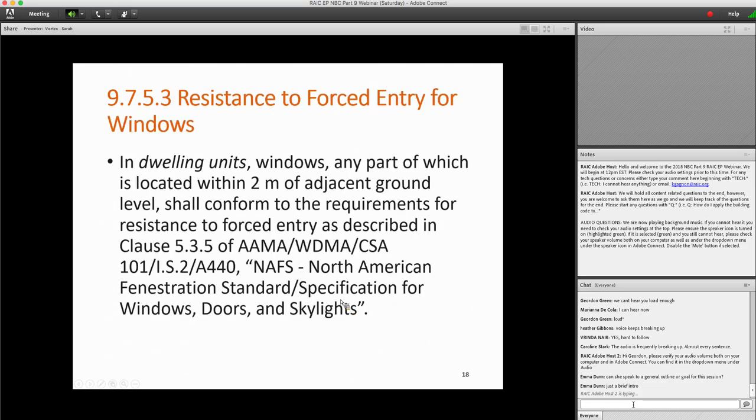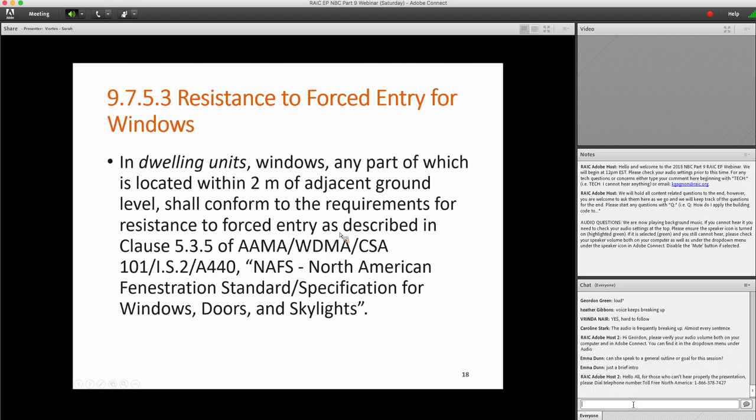Again, in dwelling units, there are specific requirements. When you have a window that is within 2 meters of the adjacent ground, so you're looking at your 6 feet high, they need to comply with the requirements for resistance to forced entry. And a purchased unit should be able to give you this AAMA, WDMA, or CSA listing on the purchased unit.